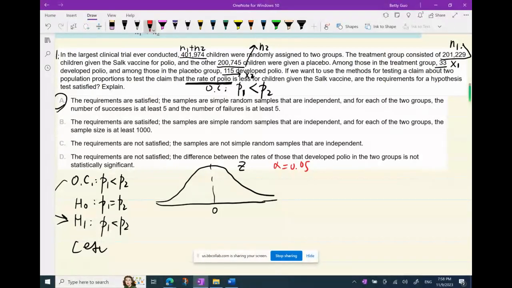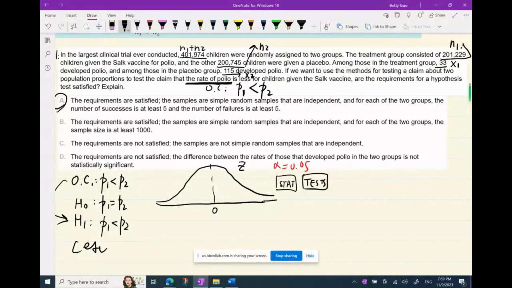Let's go to STAT, and shift to the right twice to look at the TESTS menu. What do you think? Which function should apply in this case? Two-sample proportion Z. Which one?